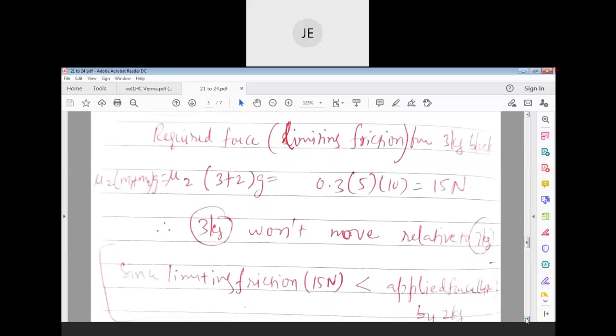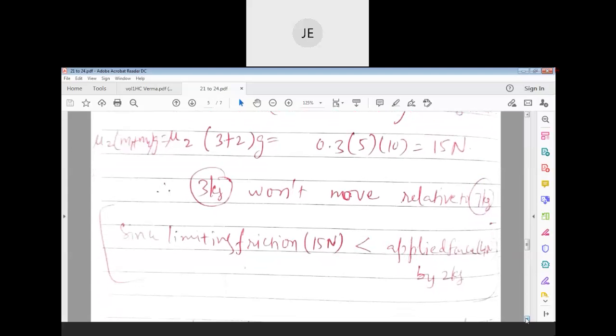Why? Since the limiting frictional force is more than the applied force, 4 Newton.